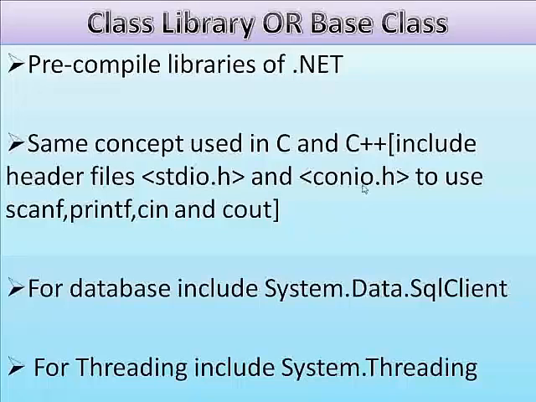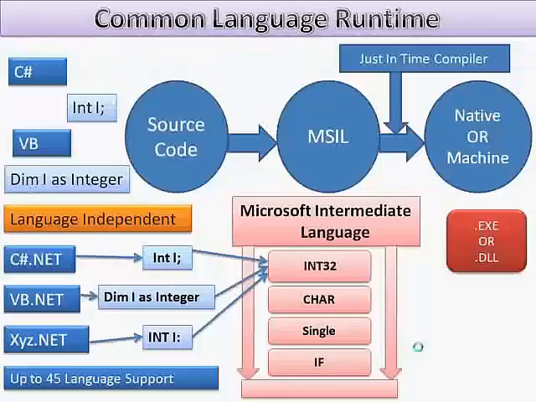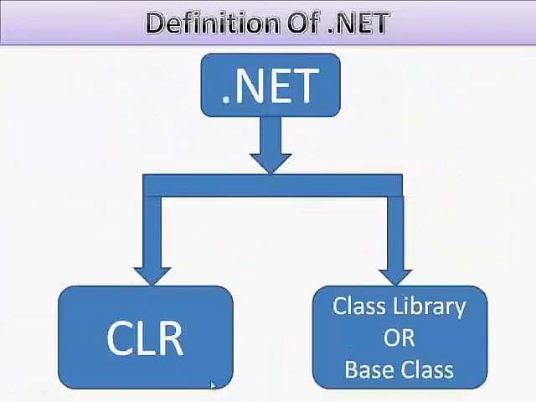If I want to use a database, then I have to import one DLL using System.Data.SqlClient. If I want to use a threading based application, then I have to import System.Threading. So .NET is a combination of your Common Language Runtime and class library.